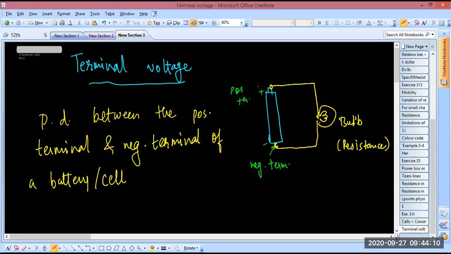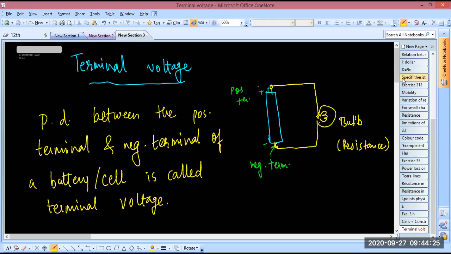So the potential difference between the positive terminal and negative terminal of a battery or a cell is called terminal voltage. It's nothing but the potential difference or voltage between two terminals.